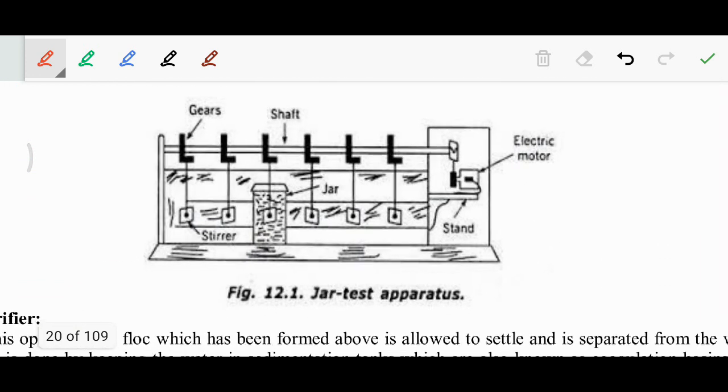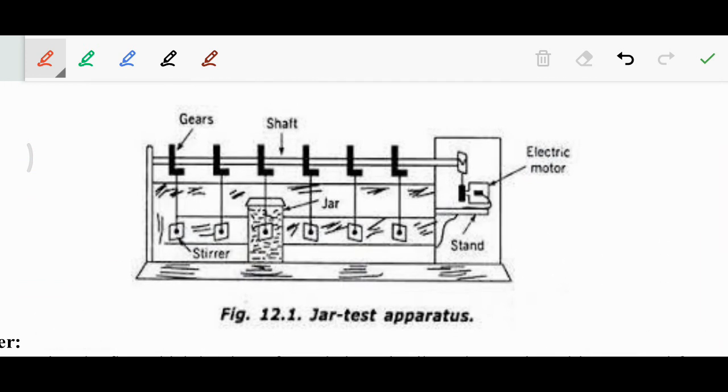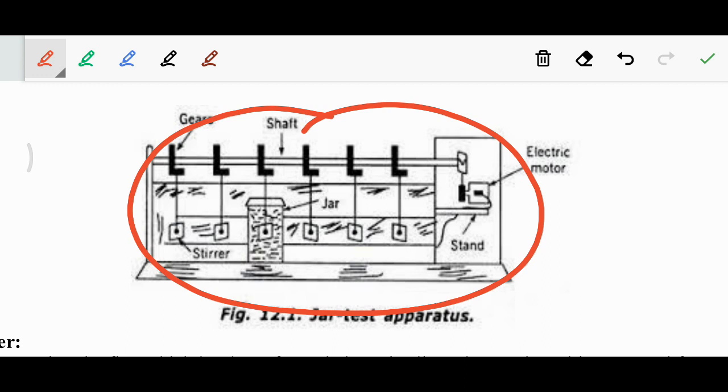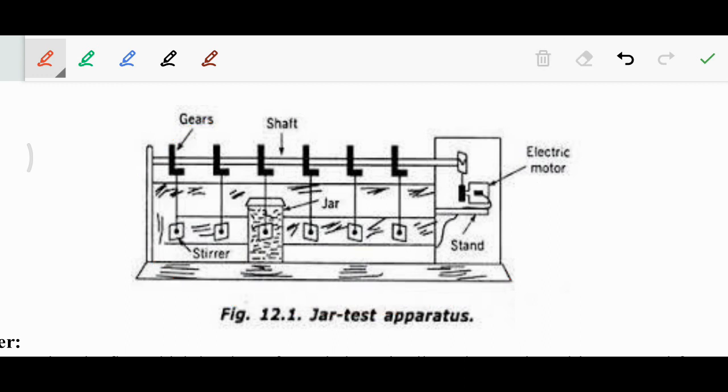Here we go. The optimum dose of coagulants is determined by this jar test apparatus. This is called the flocculation tank. It consists of paddles. These are paddles.